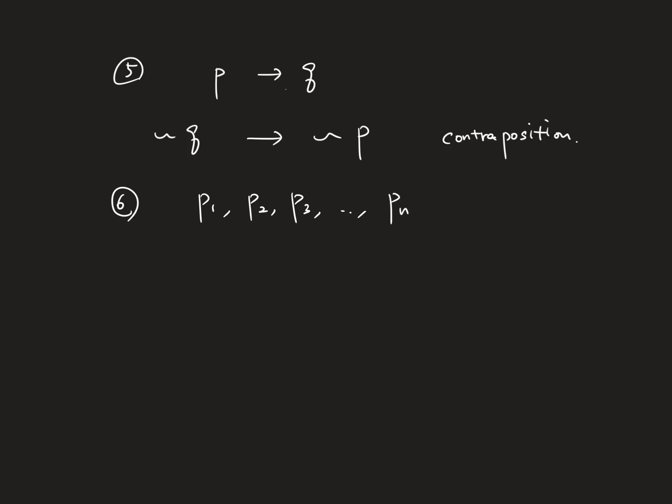And then you need to prove that if all the conditions are met, Q is true. What are you going to do? If you do just a contraposition, you need to prove that if Q is not true, P1 is false, or P2 is false, and so on, or Pn is false. So this is contraposition.